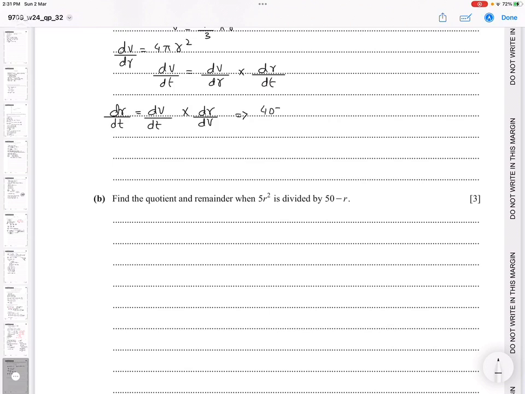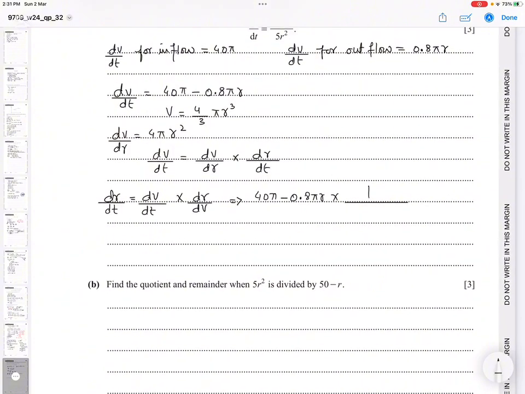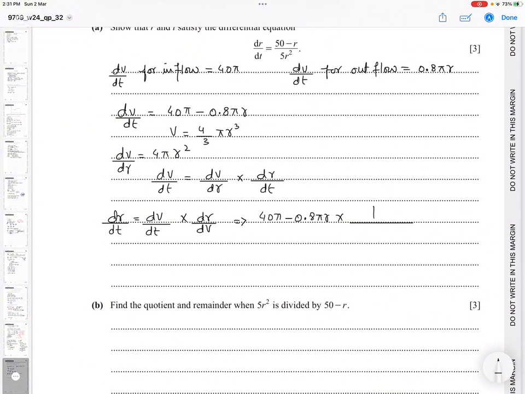So 40 pi minus 0.8 pi r times the reciprocal of this, 1 over 4 pi dv over dr. So dv over dt was given, and the difference was dv over dt.